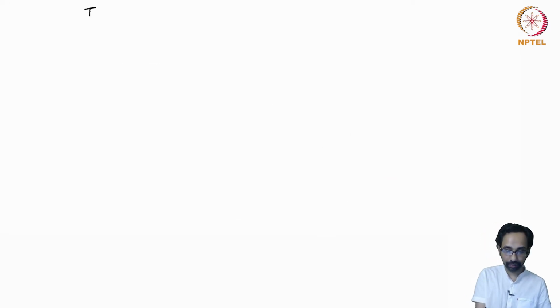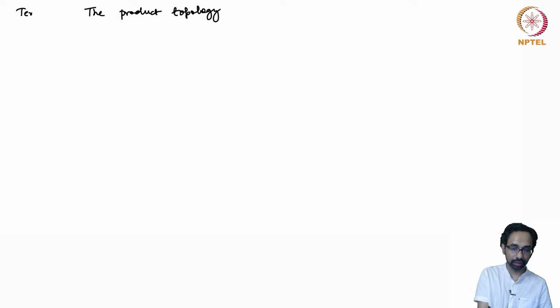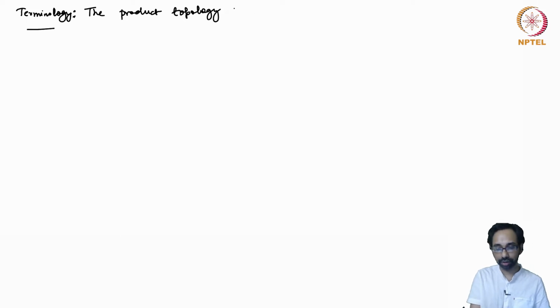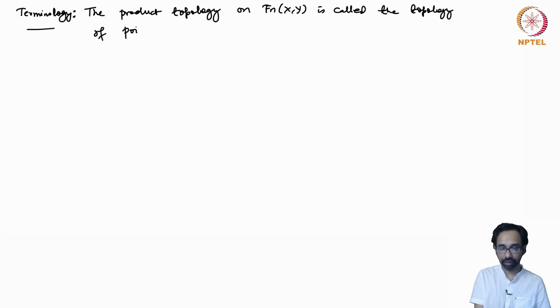So this is just some terminology: the product topology on the set of all functions from X to Y is called the topology of pointwise convergence.